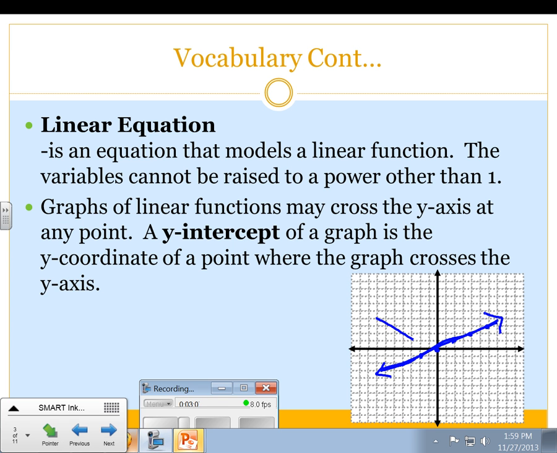Now if we look here, the y-intercept is at 0 because it crosses at the origin where the y-coordinate would be 0. If I graph another line using my green marker, let's say something like here, if I look at this linear function, we see where it's crossing the y-axis is at 0, -3, so the y-intercept is at -3.